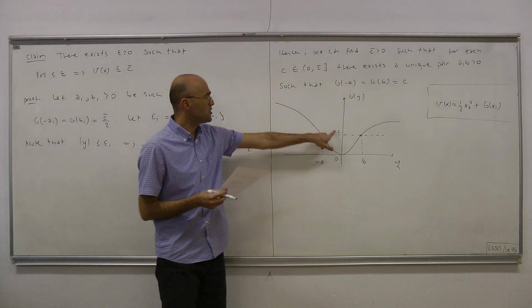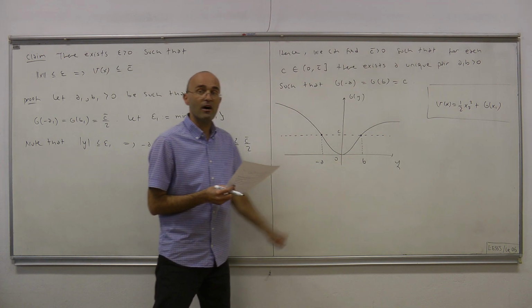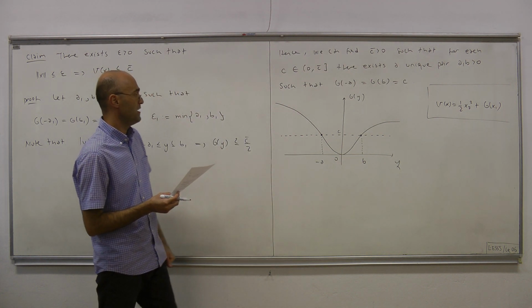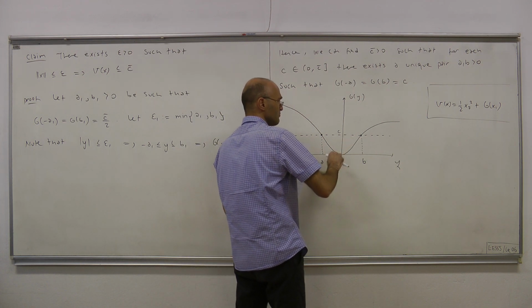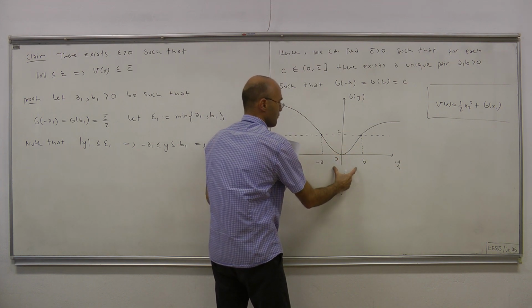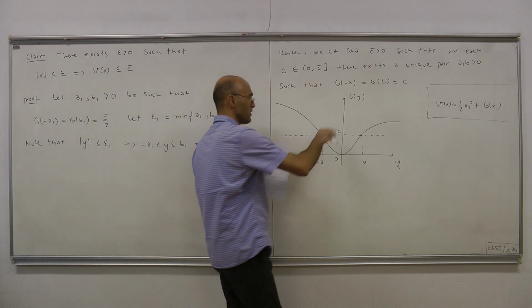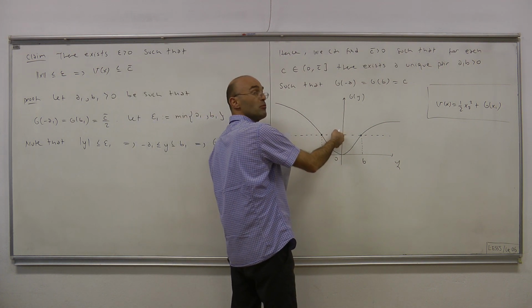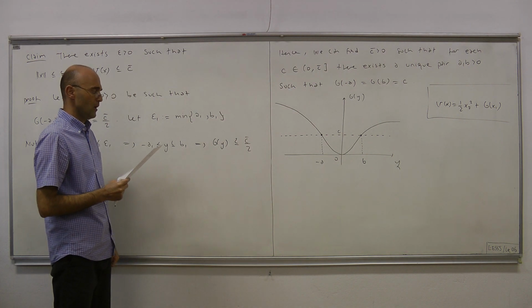Now this c is now c bar over 2. This is minus a1, this is b1. If y is in this range, clearly because g is increasing here and decreasing here, then the value of g of y must be smaller than c bar over 2. So that's more or less clear.